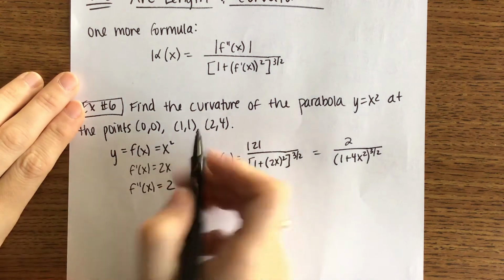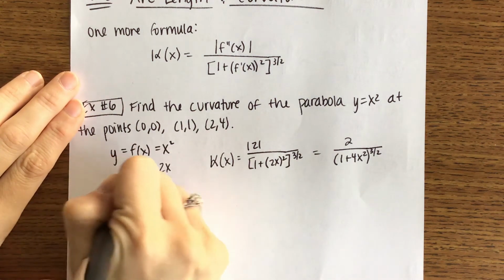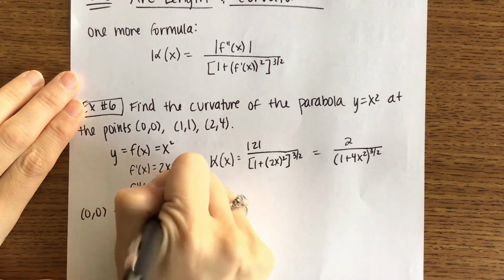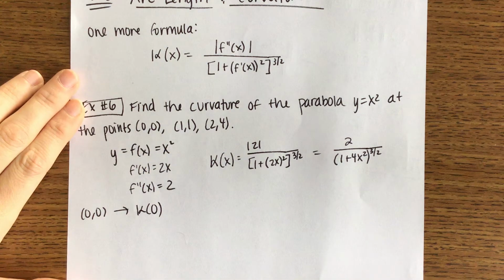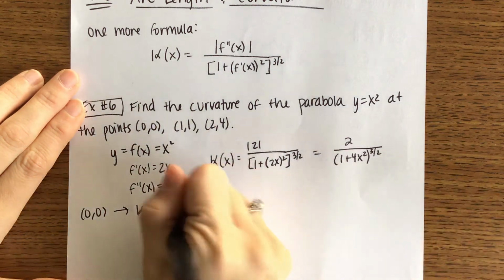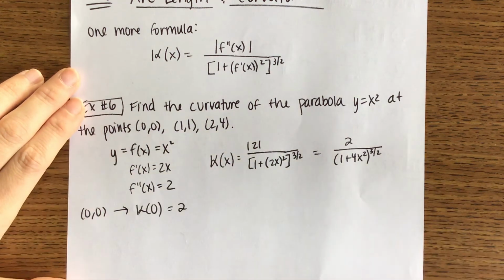Okay, we have to plug in these points. At the point 0, 0, that's where x is 0, so you would plug in a 0. If you do, you get 2 divided by 1, so the curvature at the point 0, 0 is 2.